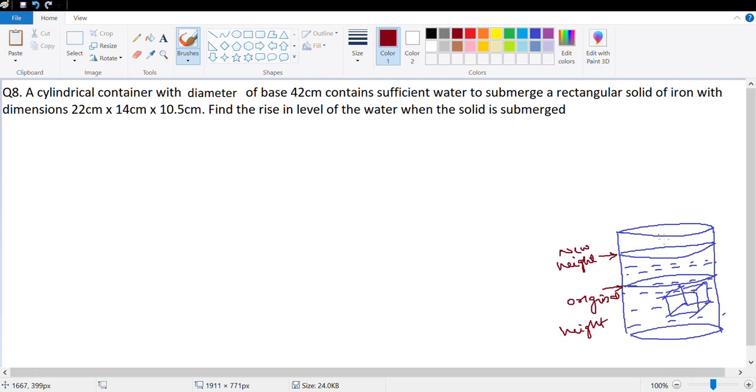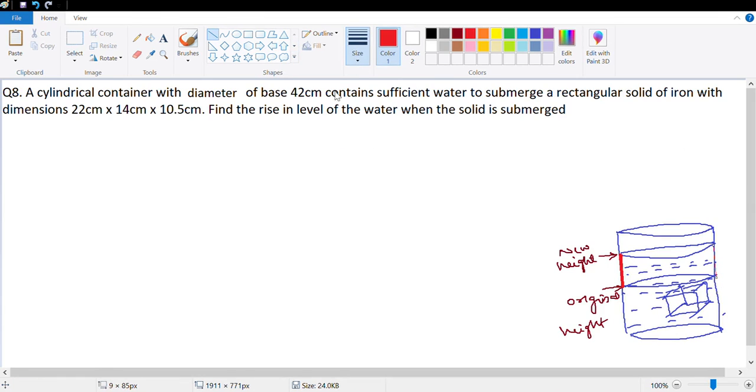So now if you notice it carefully, the shape which is here, let me just take a minute to highlight this shape. The shape that I have here is nothing but a mini cylinder.